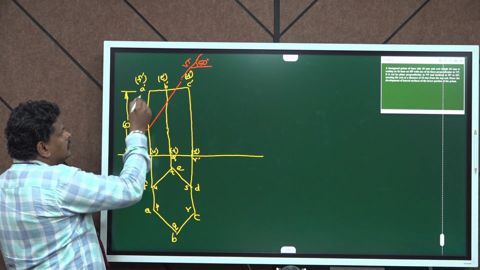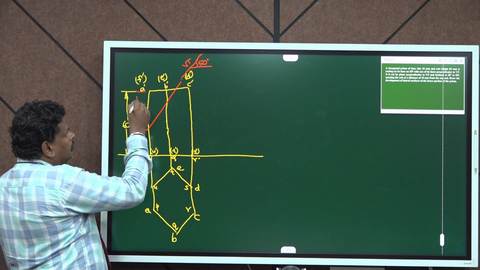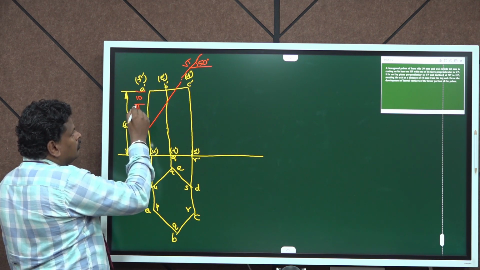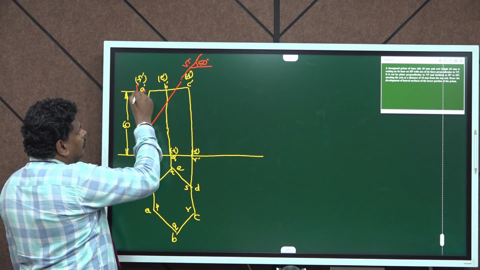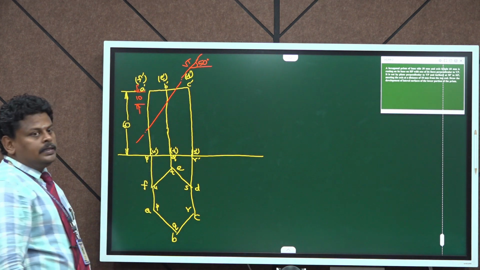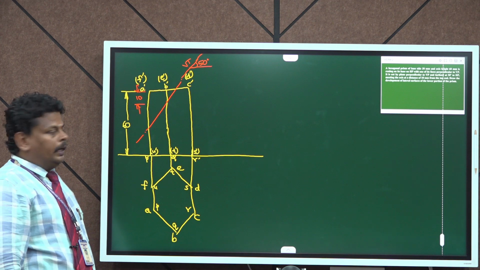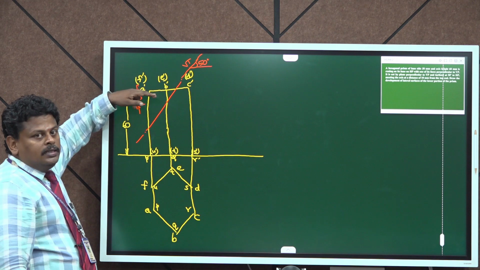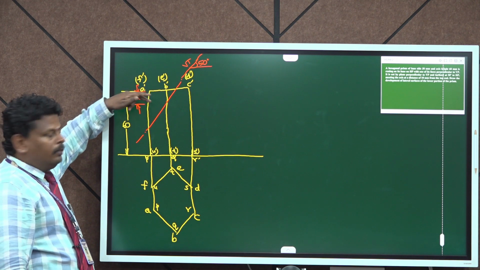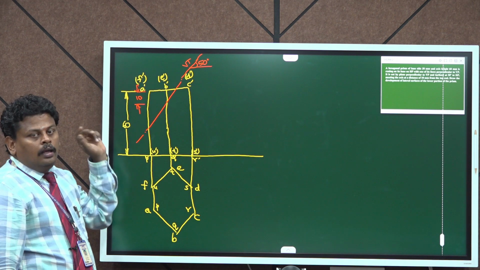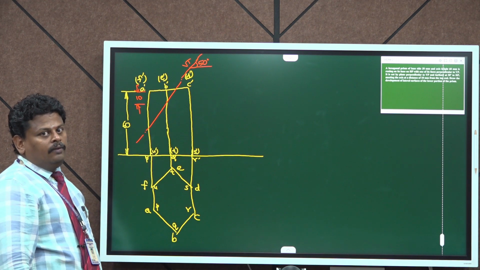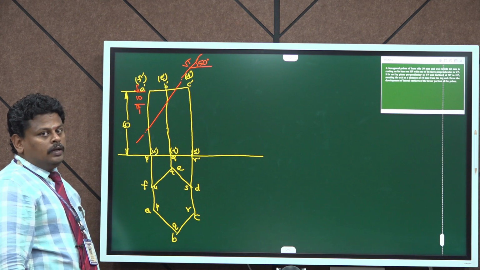So let this distance be 10 mm. It meets the axis at a distance of 10 mm from the top end, and the section plane itself is inclined at 50 degrees to the horizontal plane.